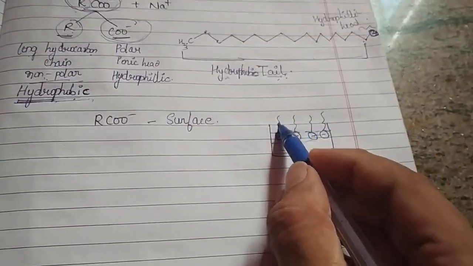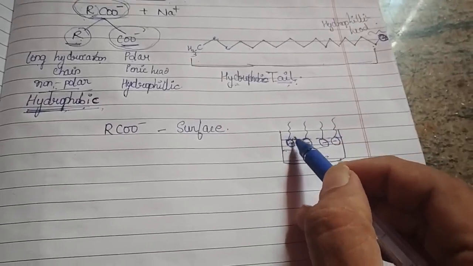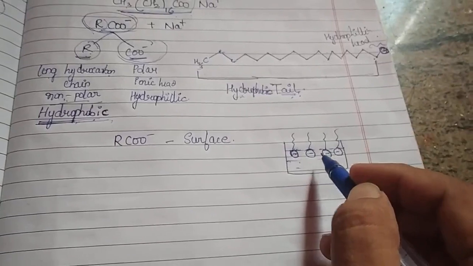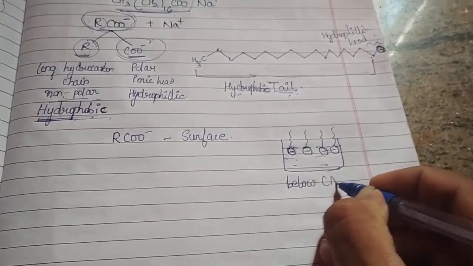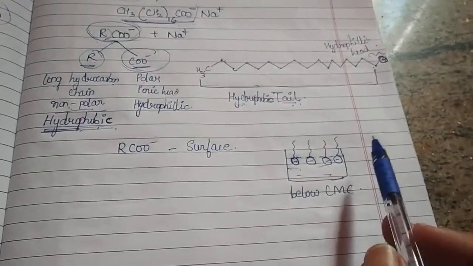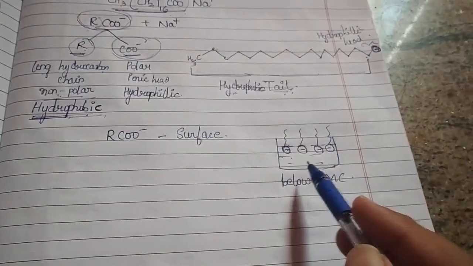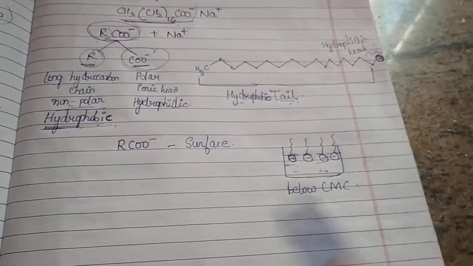So this is your hydrophobic part which is away from the water, whereas this is your hydrophilic part which is inside the water. And do remember, it is below CMC, that is when they are acting as a strong electrolyte, and at lower concentration your soap molecules are arranged in this way.